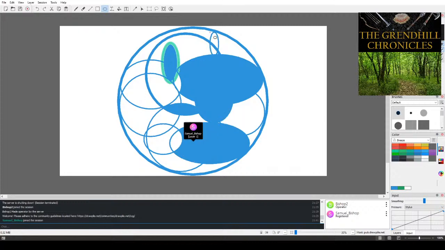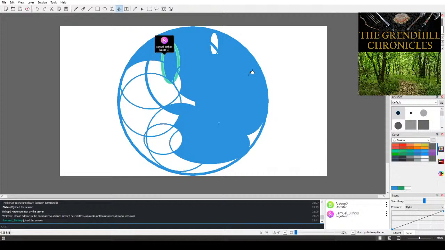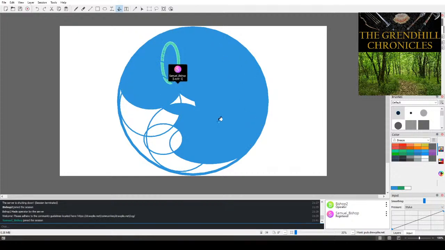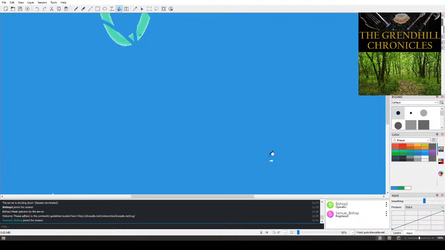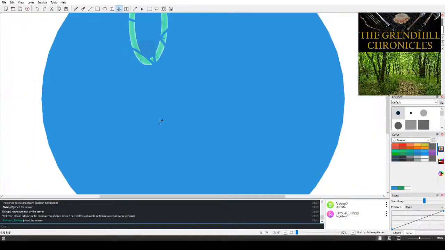The world of Redwater. Oh, wow. Now that works, and that's really weird. Found a bug. A bug? A bug in the software. All right. Well, at least we know we can divide it and clean it up.